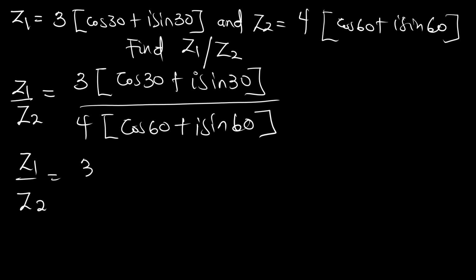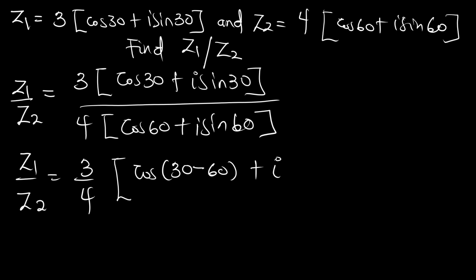So for z1 over z2, we go by the rules. We divide the moduli, then we subtract the arguments: cos (30 minus 60) plus I sine (30 minus 60).